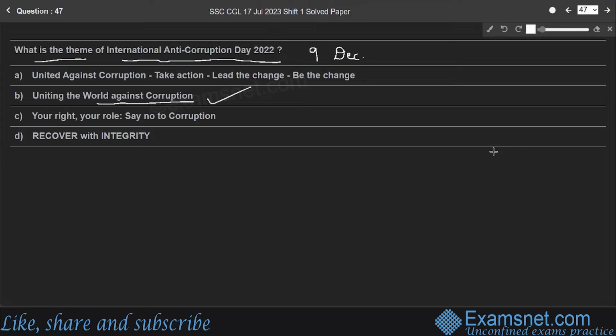On 31st October 2003, the General Assembly adopted the United Nations Convention Against Corruption. The Assembly also designated 9th December as International Anti-Corruption Day to raise awareness of corruption and of the role of the convention in combating and preventing it. So the theme this year, 2022, is Uniting the World Against Corruption. So option B is the right answer.